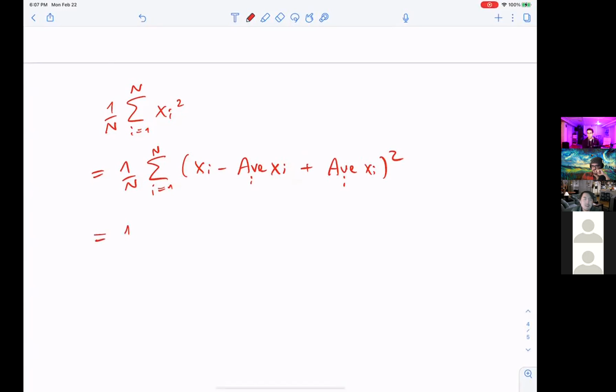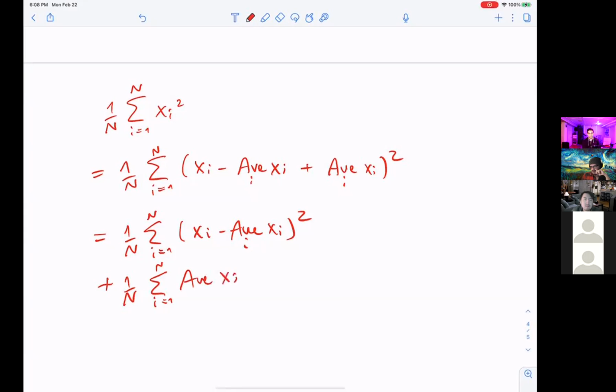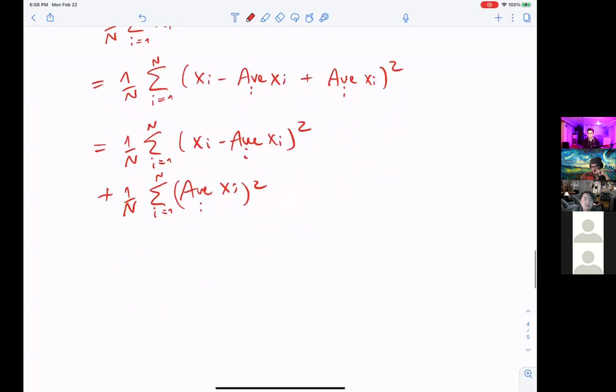And now notice that this is equal to 1 over n, sum over i from 1 to n, of (x_i minus the average over i of x_i) squared, plus 1 over n, sum over i from 1 to n, of the average over i of x_i squared, and then plus 2 over n, sum over i from 1 to n, of (x_i minus the average over i of x_i) multiplied by the average over i of x_i. Does it make sense so far?